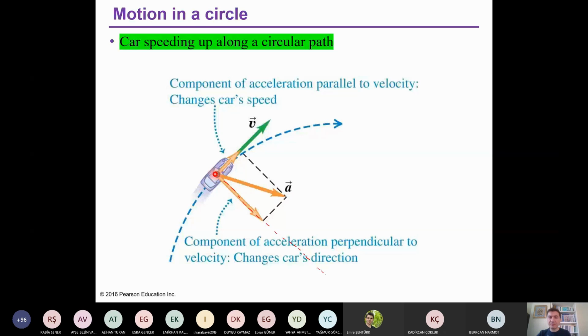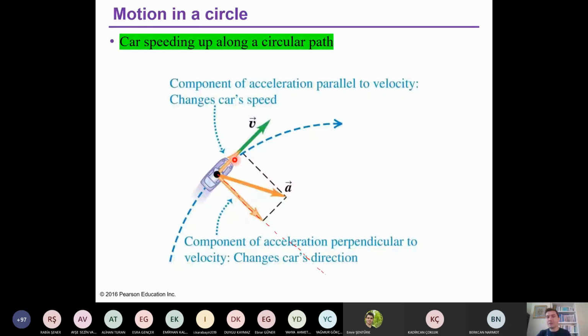So acceleration has this direction, and it has two components. One is perpendicular to the velocity, along the center of the circle, and the other component is parallel to the velocity, since the car is speeding up.